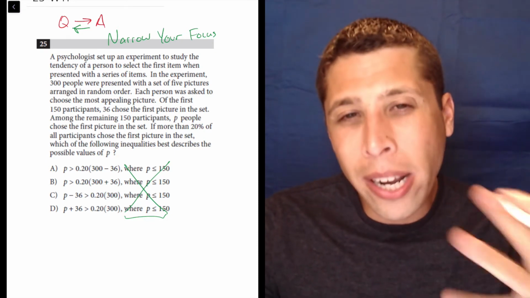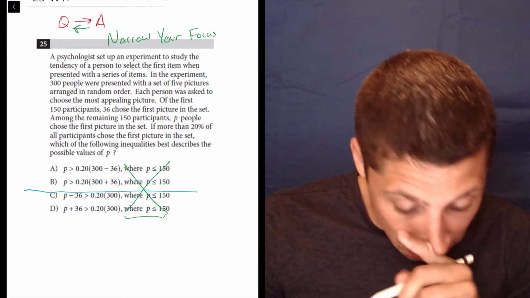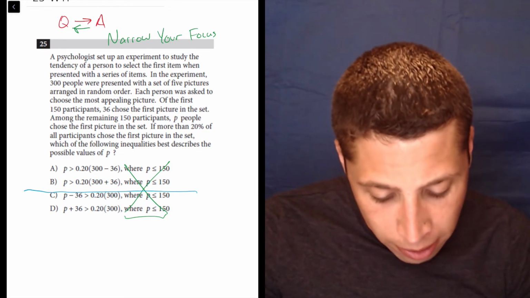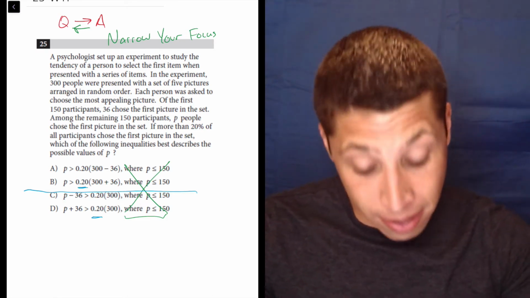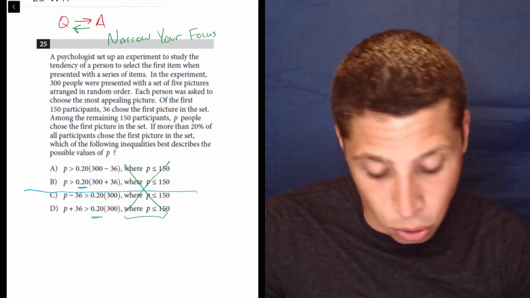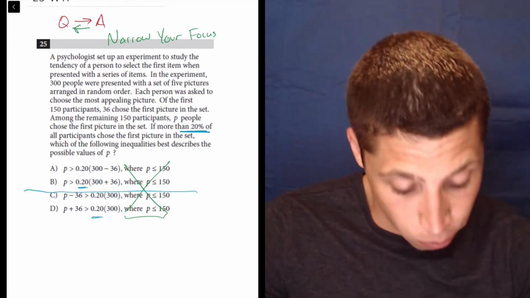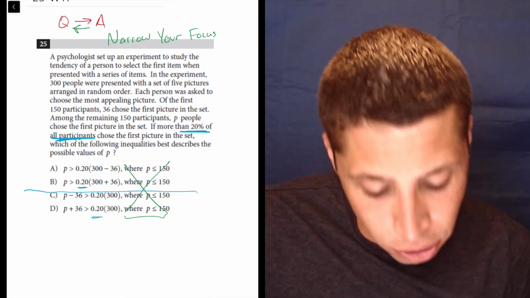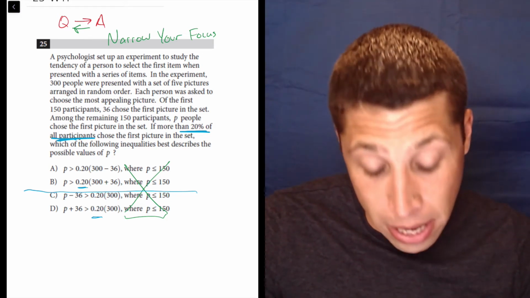Now I'm saying, well, what else seems to be different between the choices? And I notice there's a clear break between choices A and B and C and D, right? What are we multiplying this 0.2 by? Is it being multiplied by just 300 by itself or this 300 with some extra? Well, let's go in. What does this 0.2 mean? I see 20% in the question. If more than 20% of all participants chose the first picture in the set, which of the following inequalities best describes the possible values of P?